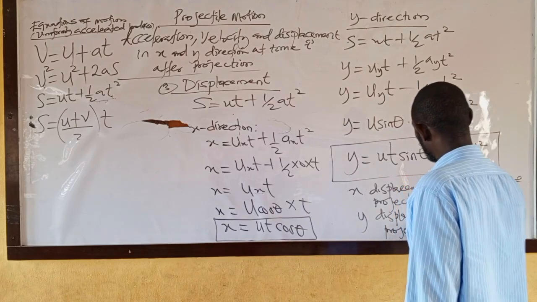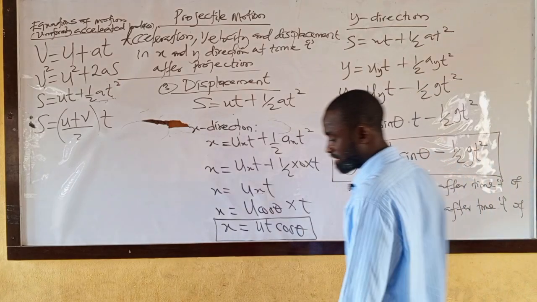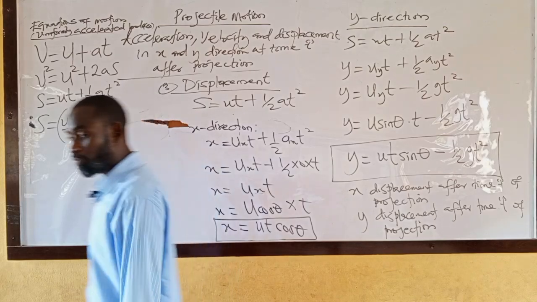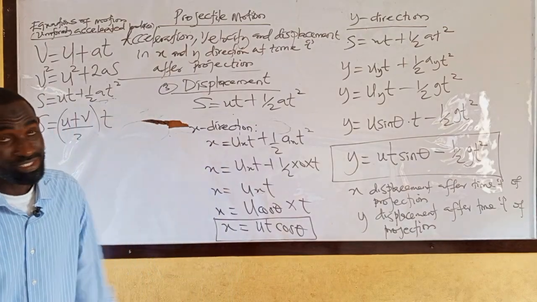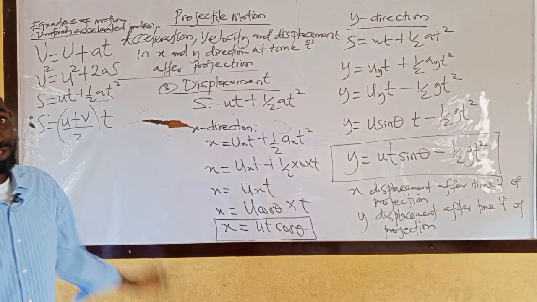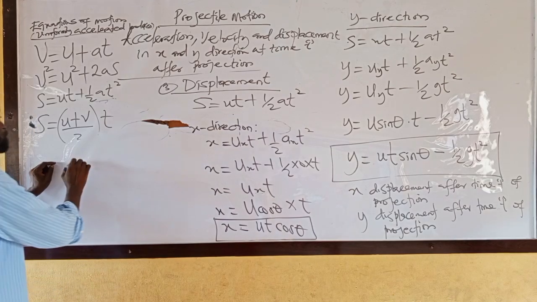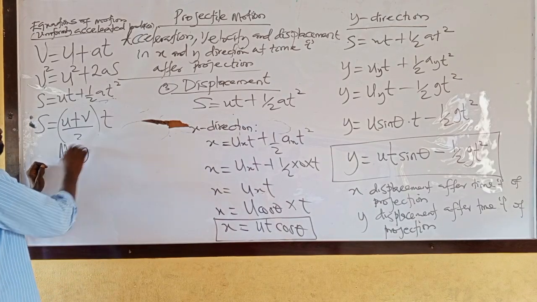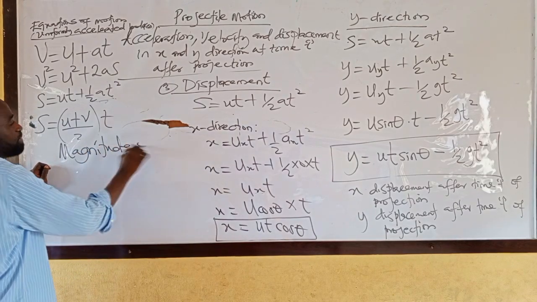If you are asked to calculate the magnitude of the displacement after time t of projection, what are you going to do? The same thing: use Pythagoras, so it means the magnitude of displacement.